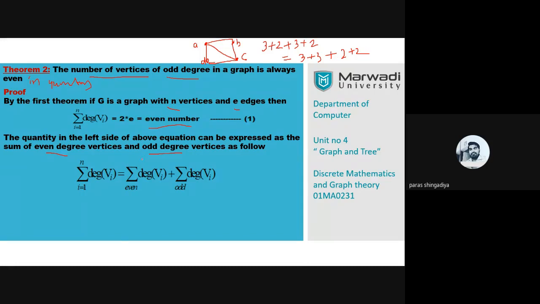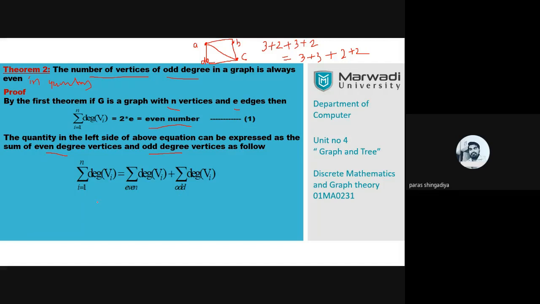And the second part is sum degree of vi odd, meaning such vertices are involved whose degree is an odd value, as in 3 plus 3 form. So here you have to split this full sum, the total value, into two parts, a sum of degree of vi even plus a sum of degree of vi odd.